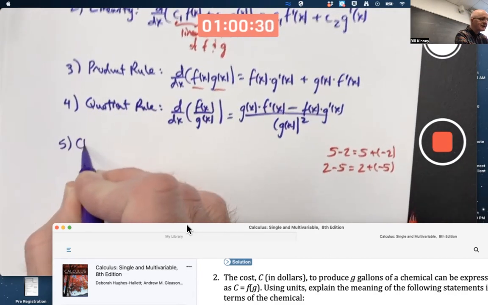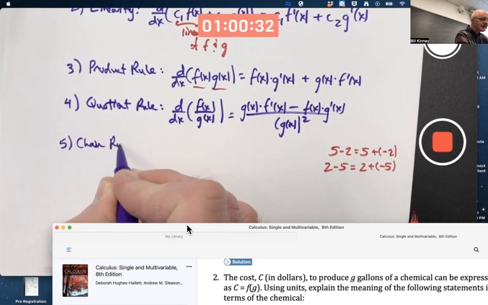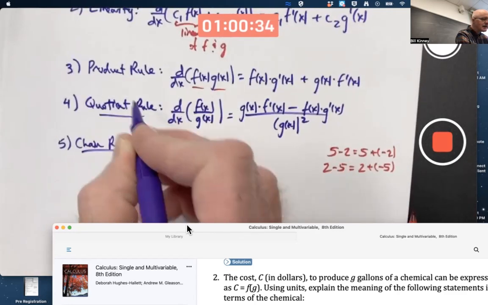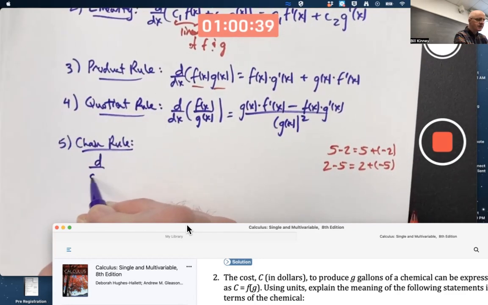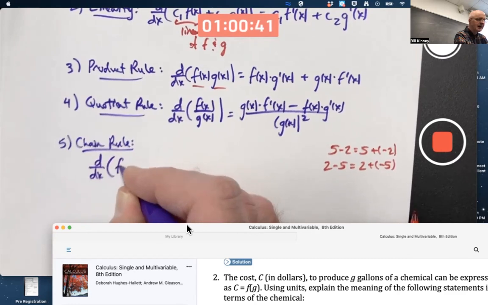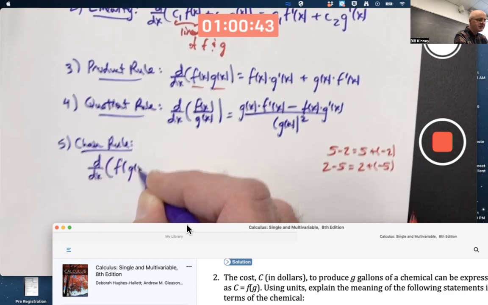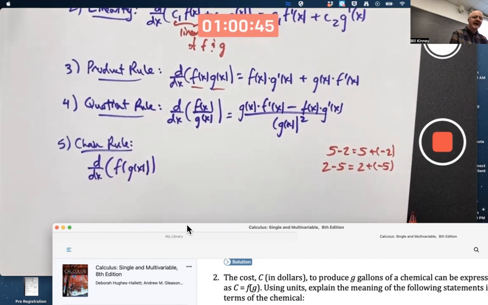Chain rule. The derivative with respect to x of a composition, f of g of x, you've got an inside function g, you've got an outside function f.